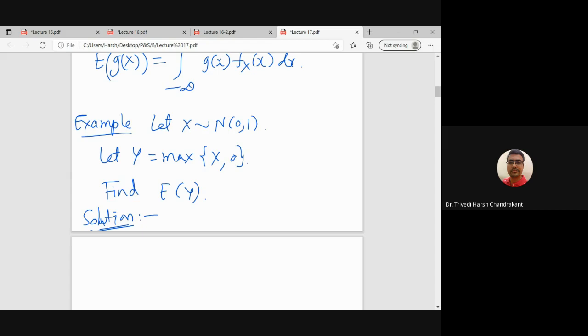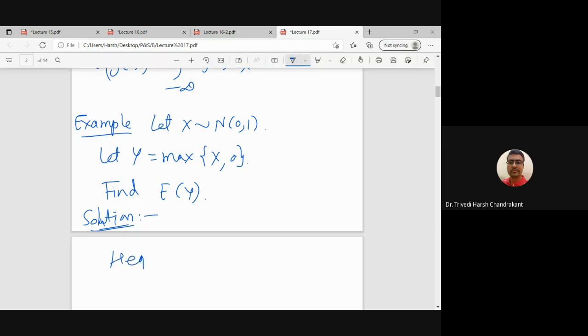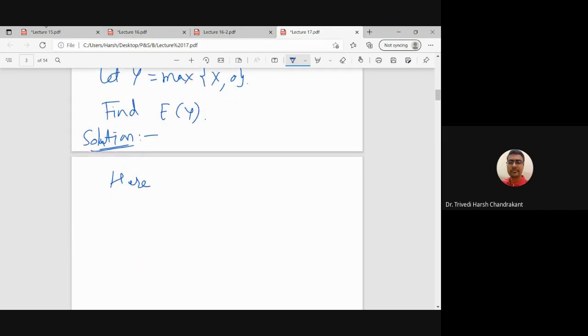So if we take the maximum of x and 0, this is our g(x) function, right? So let us write that down. Here our function g(x) equals the maximum of x and 0, and x is any real number.